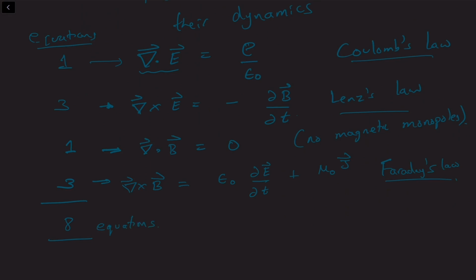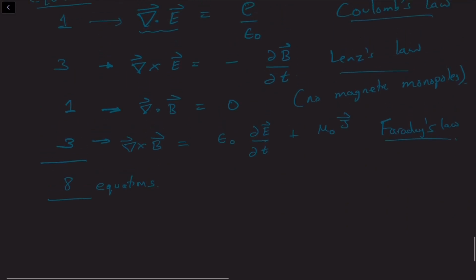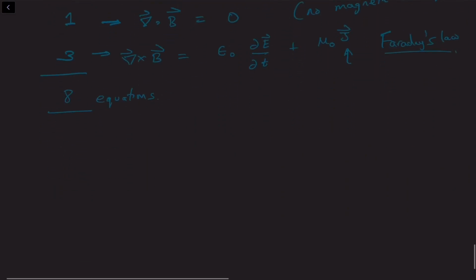And these equations describe how the electric fields and magnetic fields change at different times. So they describe the dynamics of the electric field. For example, if you don't have any charges or current densities, then you can show that you can combine these Maxwell's equations to get a wave equation.